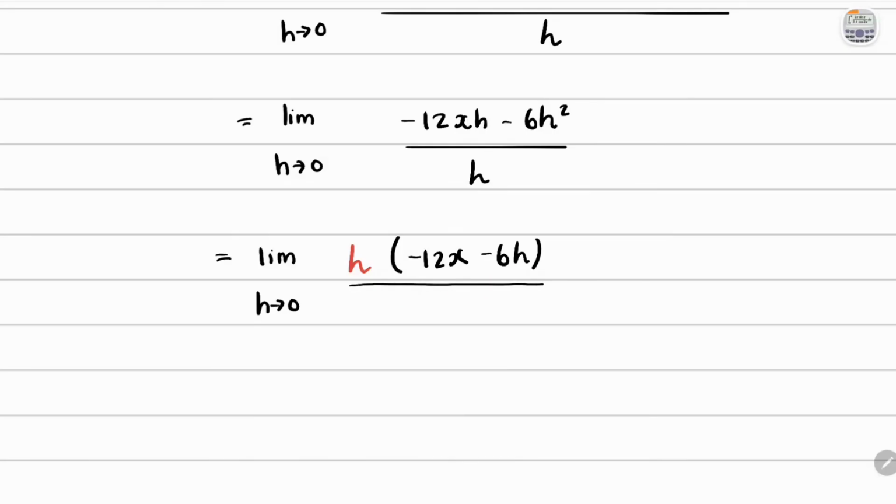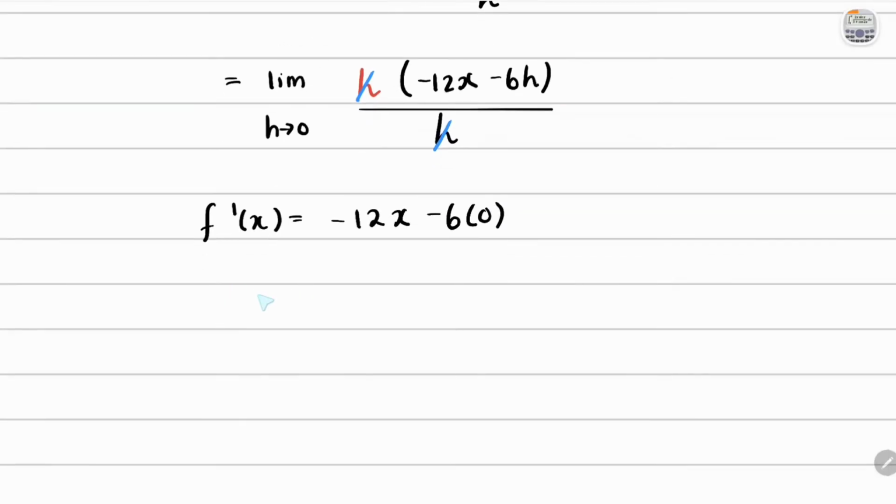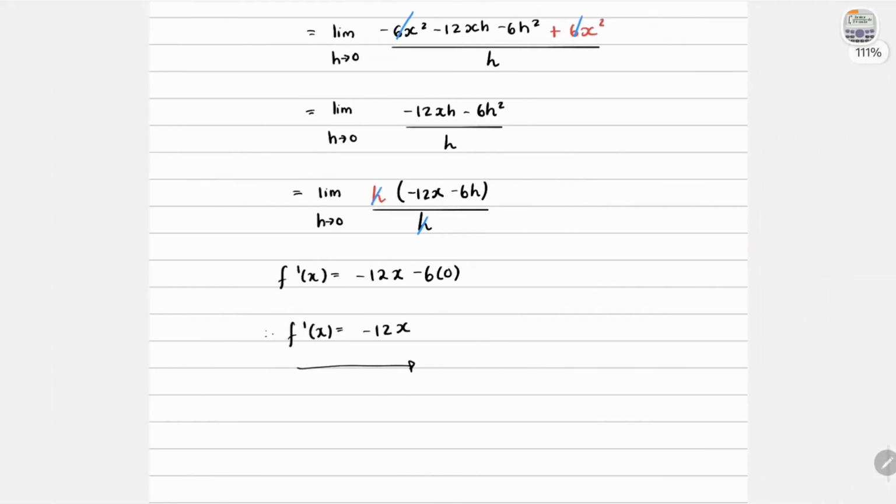Okay, and this goes all over h. Then these cancel because they divide and give you 1. And now you can substitute. So we're saying f'(x) is finally equal to -12x, and then -6 in place of h, we put 0. And therefore, this means that f'(x) is equal to -12x. And that is our answer.